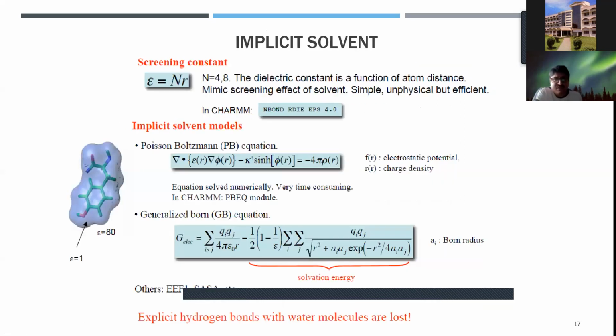Then implicit solvation models can be defined by the Poisson-Boltzmann equation or the generalized Born equation. With the Poisson-Boltzmann model, it is called the PBSA solvation model. With the generalized Born equation, it is called the MM-GBSA solvation model. These are quite famous solvation models normally used in simulation.